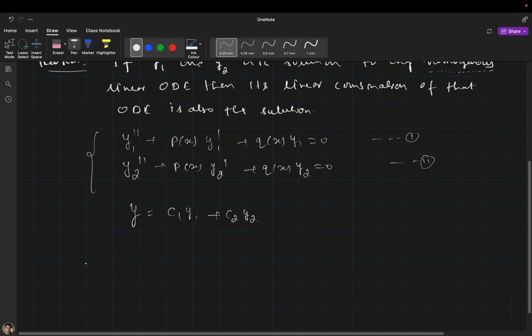Okay, how can we prove that? Suppose that differential equation is y double dash plus p of x y dash plus q of x y equals 0. Okay, so this is that differential equation. Can you tell me whether it is homogeneous or non-homogeneous? Can someone tell me? Homogeneous or non-homogeneous, this equation?